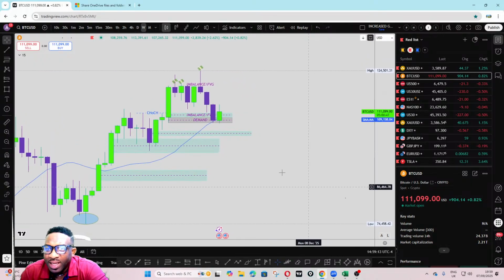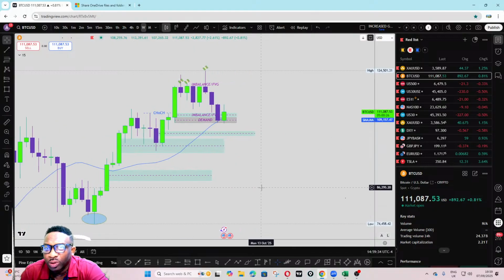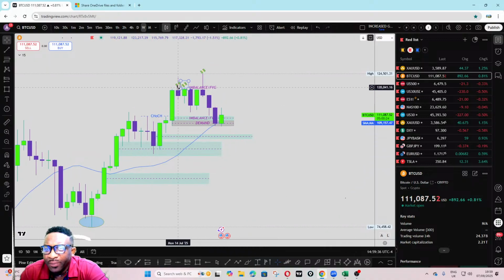We can see how we had this area of liquidity that we swept with this wick, creating a new high here. That's what I was talking about on gold when I was doing the analysis.